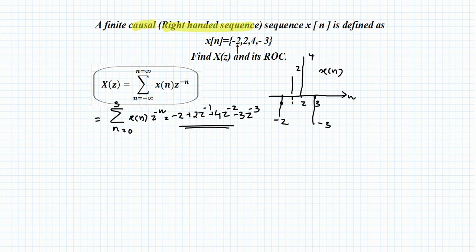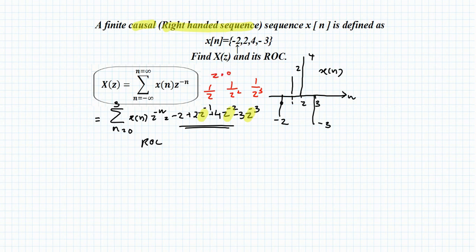And now we need to think about the ROC. If you look at this particular equation, all the powers are negative, which means the terms become 1 by z, 1 by z square, 1 by z cube. This equation goes to infinity only when z is equal to 0.